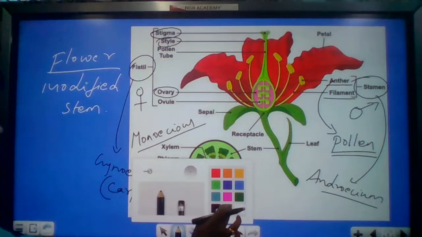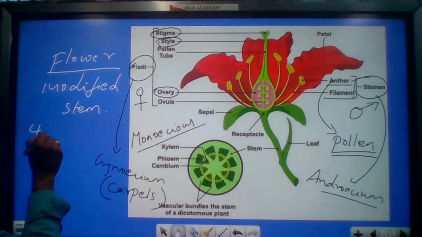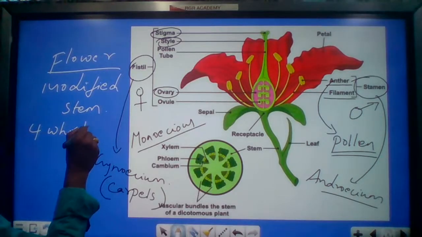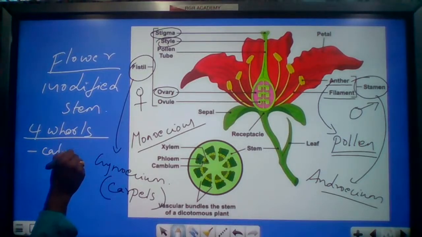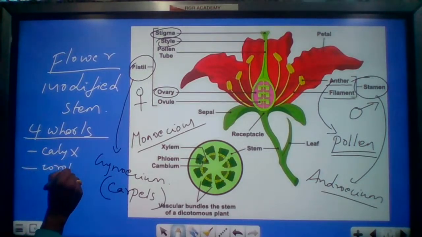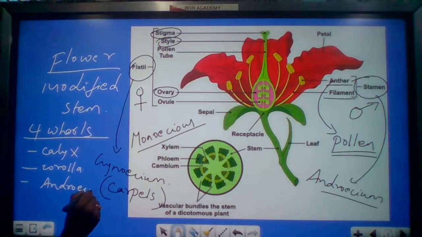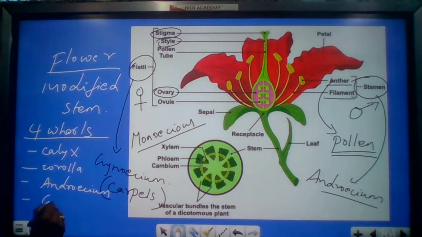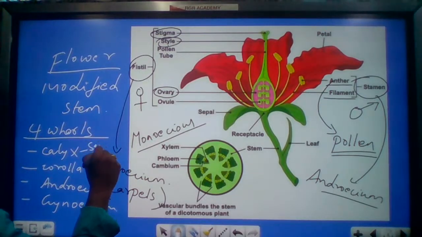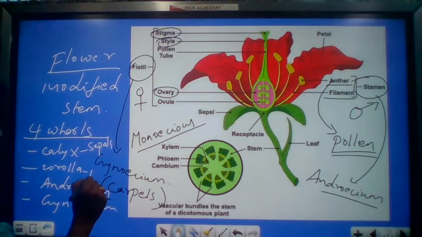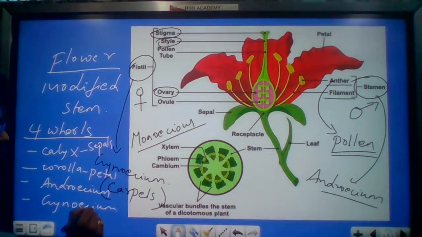Calyx, corolla, androecium, that is the male reproductive structure, and gynoecium. The unit of the calyx is the sepal, and this is a petal.